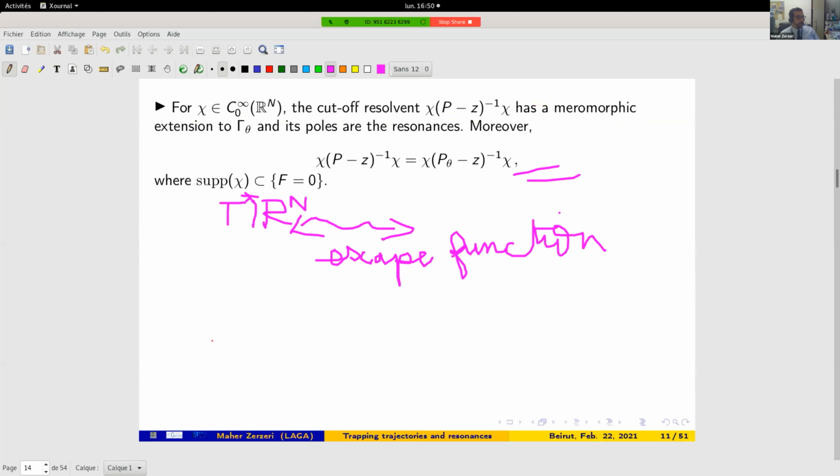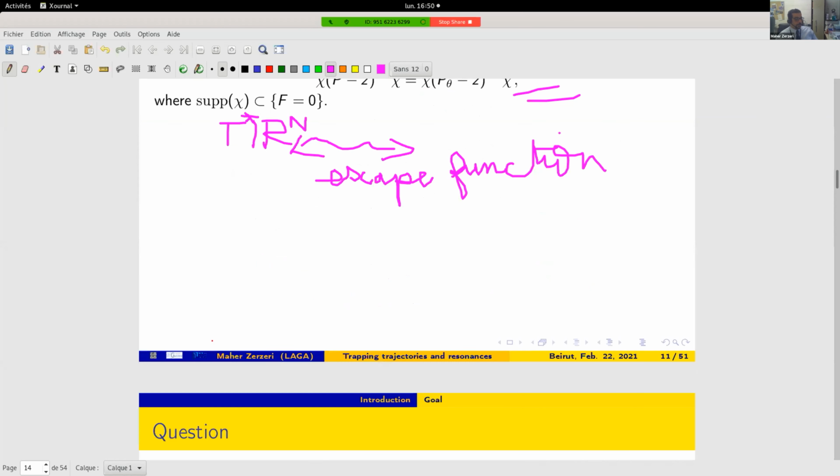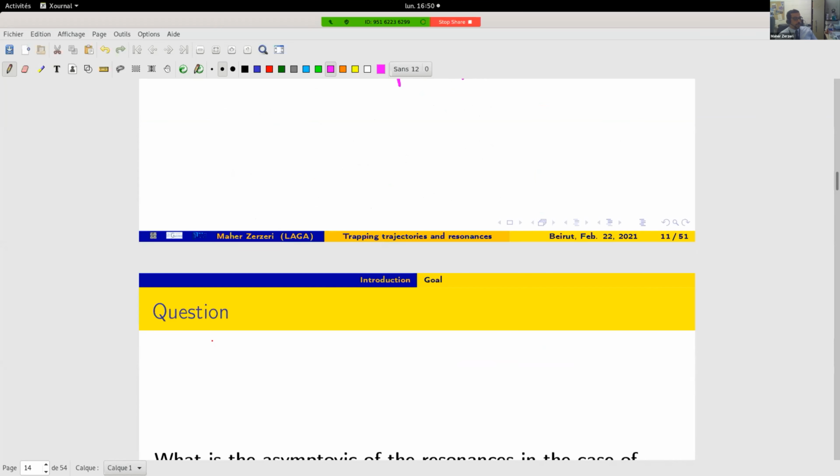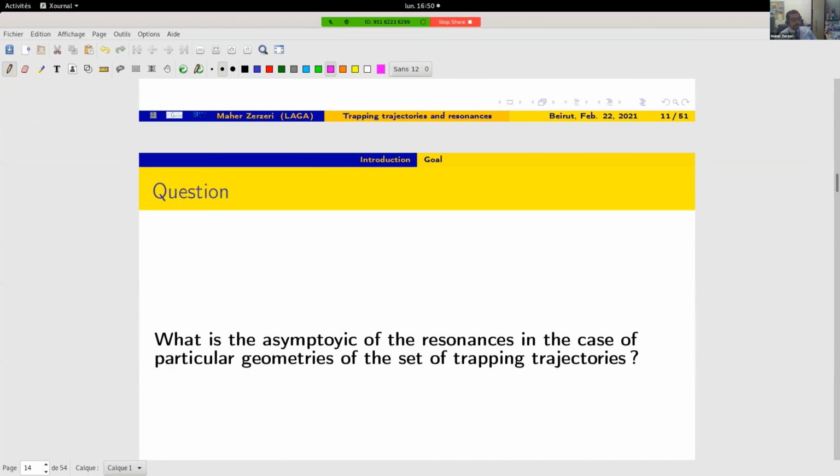So now, what is the question? What is the asymptotic of the resonances in the case of a particular geometry of the set of trapping trajectories? This is a very important problem.